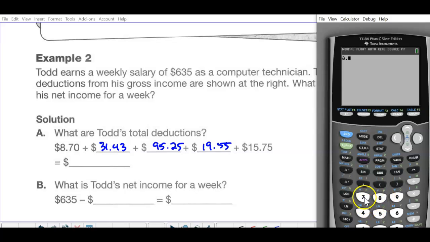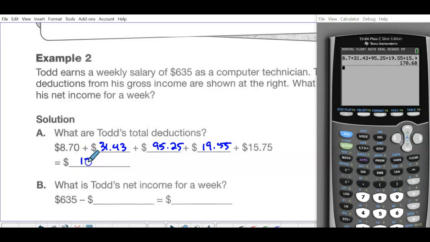So $8.70 plus $31.43 plus $95.25 plus $19.55 plus $15.75. With my graphing calculator, I always want to scan because sometimes it doesn't register.